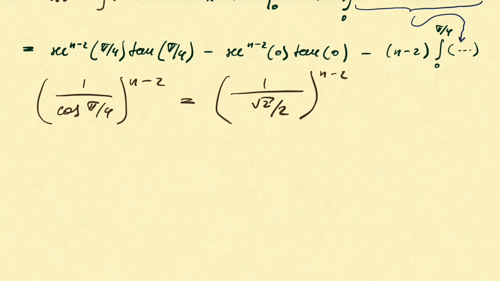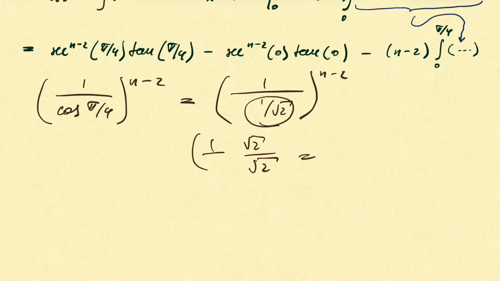And because it's in the denominator, we can write this as 1 over square root of 2. These are the same. If you multiply by square root of 2 over square root of 2, we will obtain, well, let me show this one time, square root of 2 over 2.